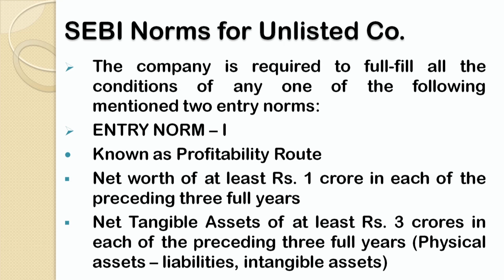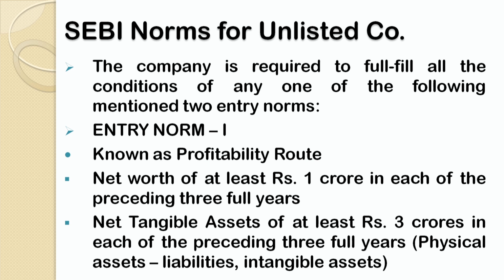Now let us discuss the SEBI norms for unlisted companies. That means those companies which are not listed on the stock market and have decided to float their securities in the market. Basically, there are two entry norms. Every unlisted company is supposed to fulfill all the guidelines which are prescribed under any one of the entry norms.